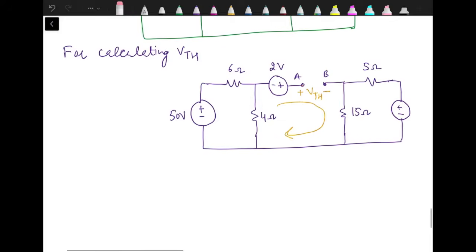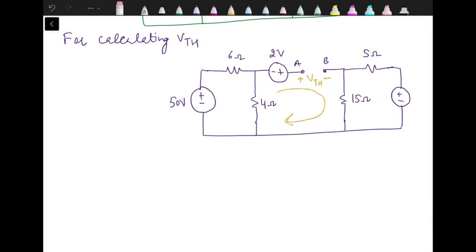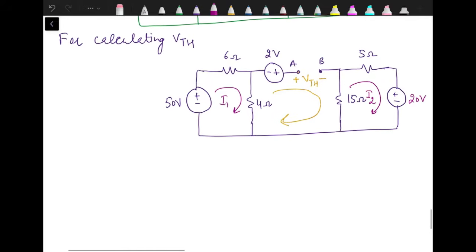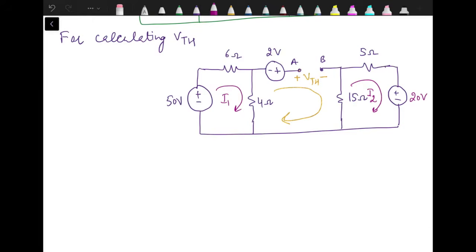These currents can be found by assigning two mesh currents, let's say I1 to the first mesh and I2 to the second mesh. After this we can apply KVL to find the values of I1 and I2, and hence we can calculate VTH. This voltage source is 20 volts. Now when we apply KVL to the first mesh, let's mark the polarity of voltage drop as per the direction of I1.